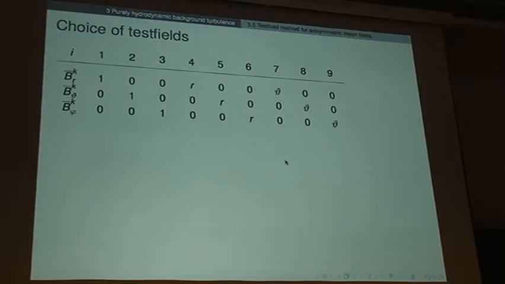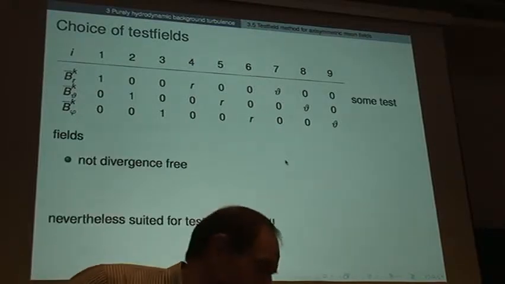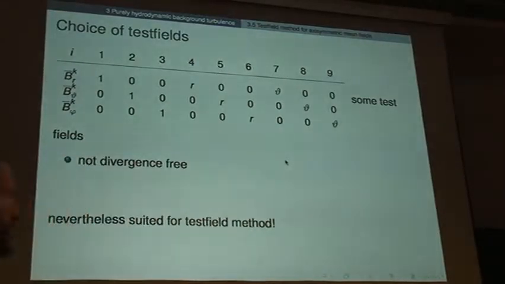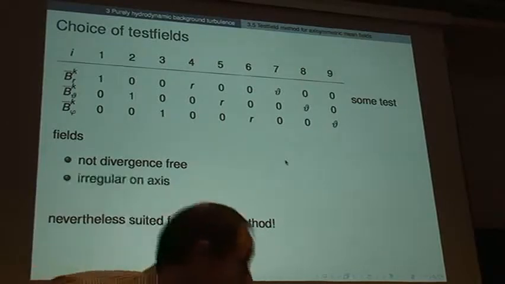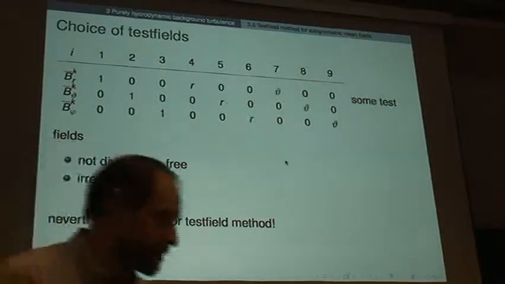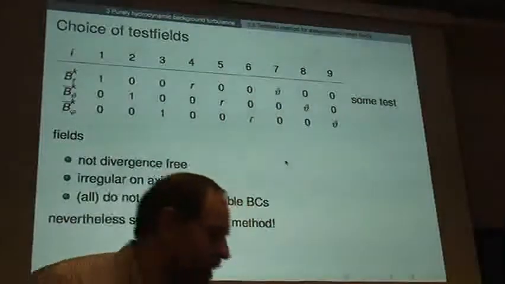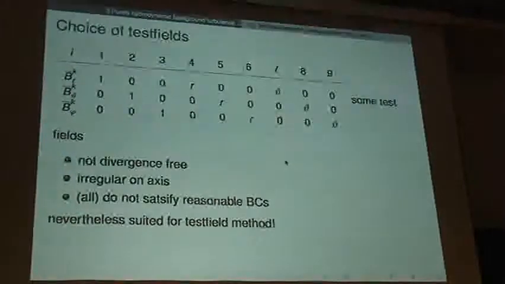And of course, these fields are really nasty, most of them, because, oh sorry, this should not be there. Some of these fields, most of them, are not divergence free. They are mostly irregular on the axis, and they don't satisfy any reasonable boundary conditions.